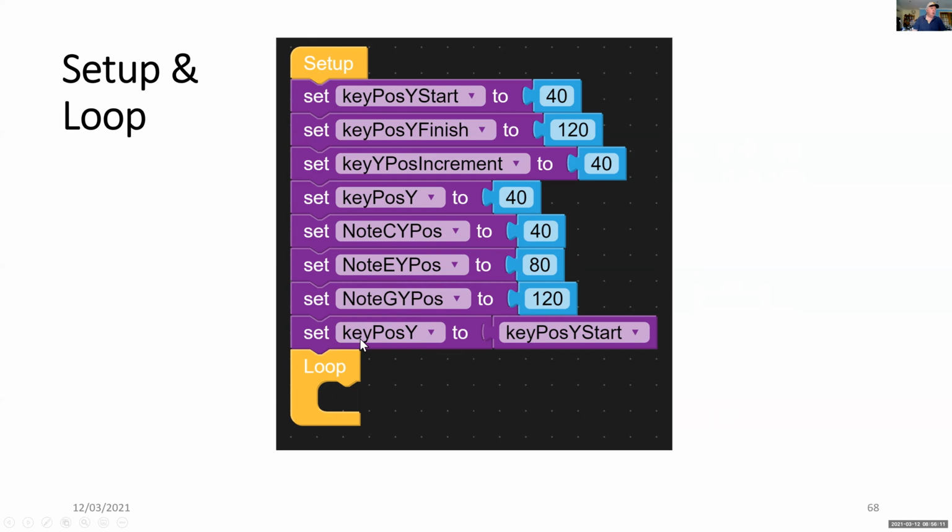And right at the start, we're going to set the position of Y to the start position, which is right on top, and that'll be 40. Now, we could have simplified this, and there are some relationships here that could be replaced with an algebraic statement.